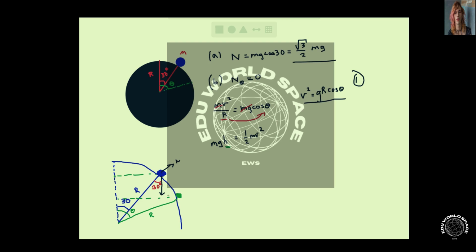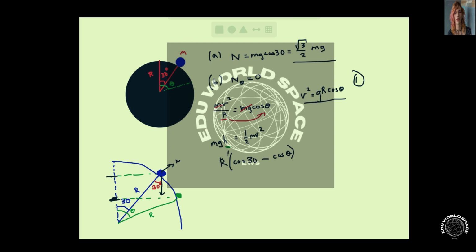And as a result, the change in height is equal to r cosine 30 minus cosine theta, because this is the initial height here and this is the final height, so we subtract the difference between them to obtain this change in height.